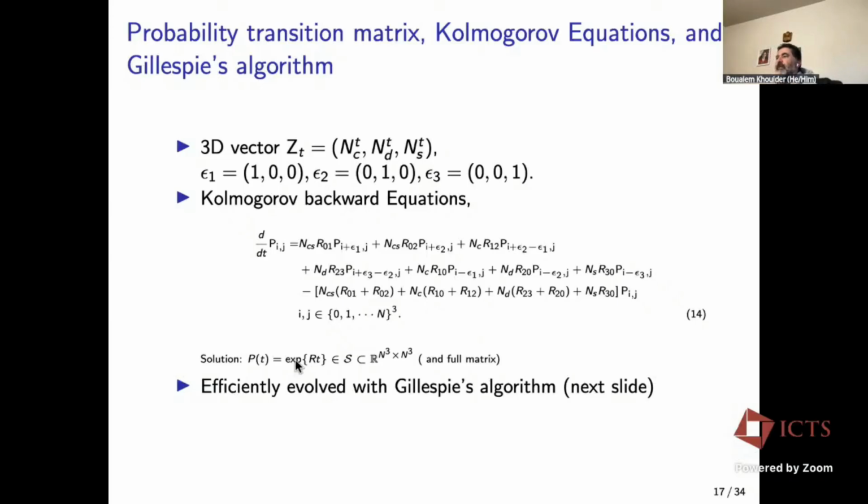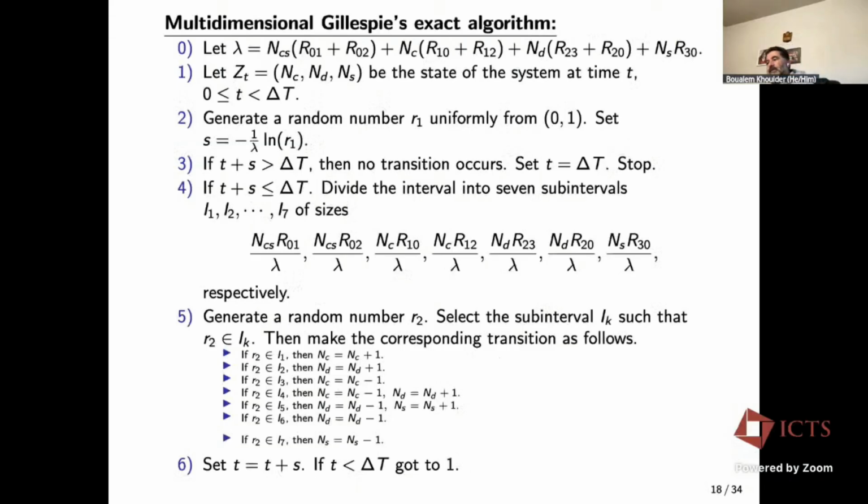but we don't use this to advance the model, because this is also expensive. So instead, we use what's known as the Gillespie algorithm, which basically just helps you move your Markov chain step by step. And it's a very nice algorithm that everyone who works with stochastic models needs to know. This was designed first for chemical reactions.